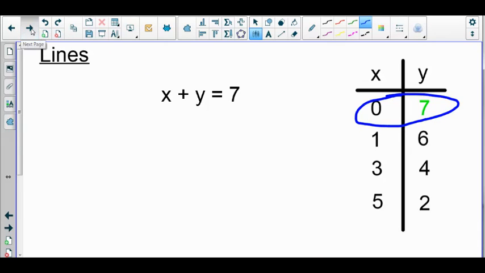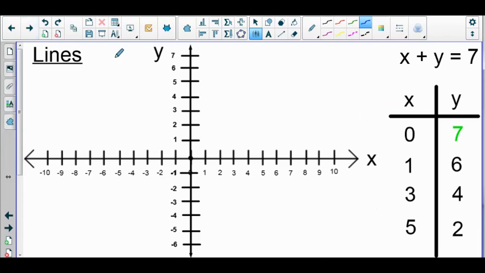Okay? So if we were to plot those, 0, 7 would be right here. That's where it crosses the y-axis, right there. 1, 6 would be right here. Put that in red. 3, 4 would be right here. 5, 2 would be right here.